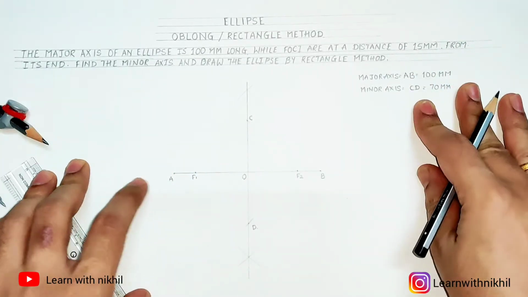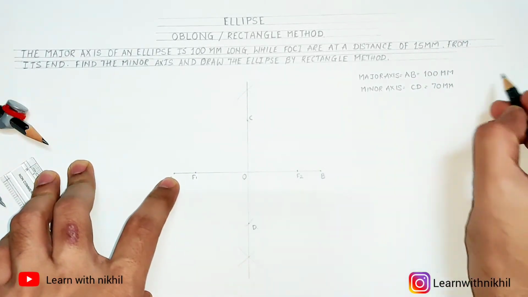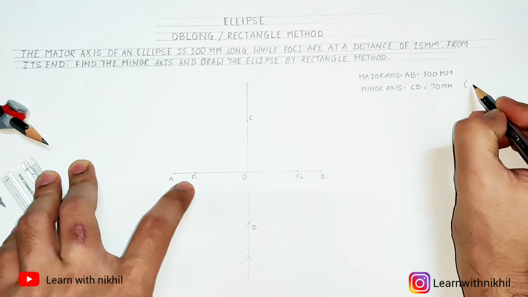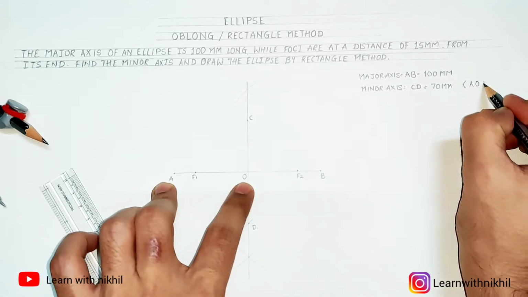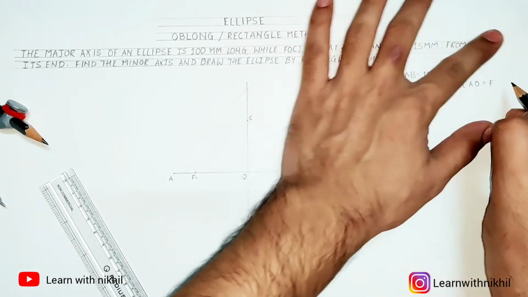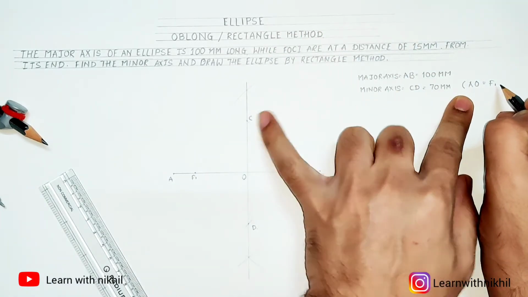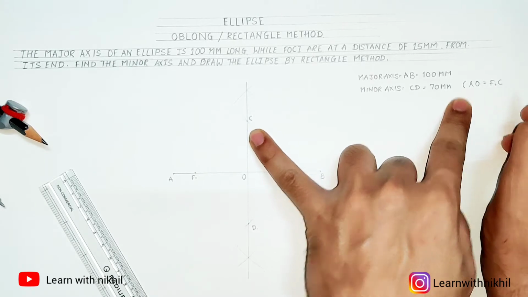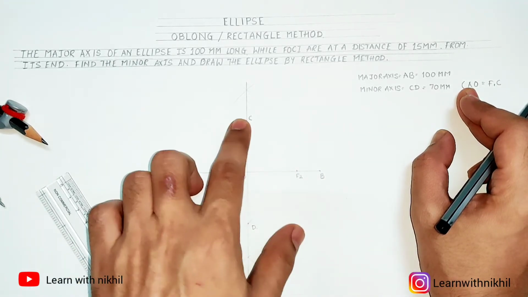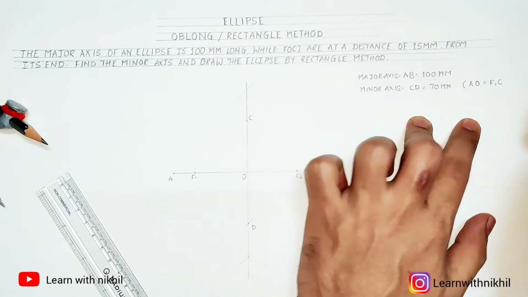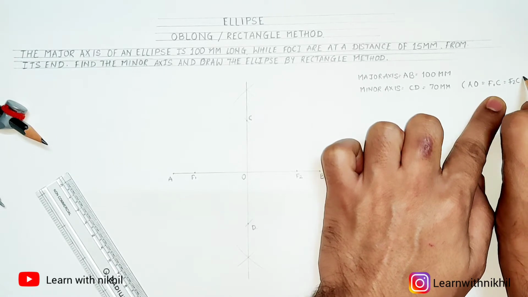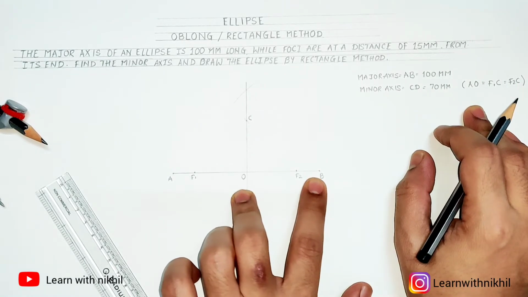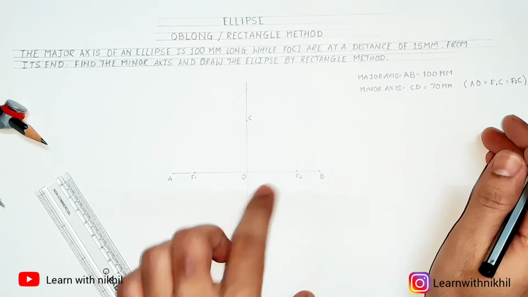We have found out the minor axis, that is 70 millimeter. And we have calculated it as we already know, that AO is equal to CF1, is equal to CF2, is equal to BO, is equal to F2D, is equal to F1D. So keep this in mind.